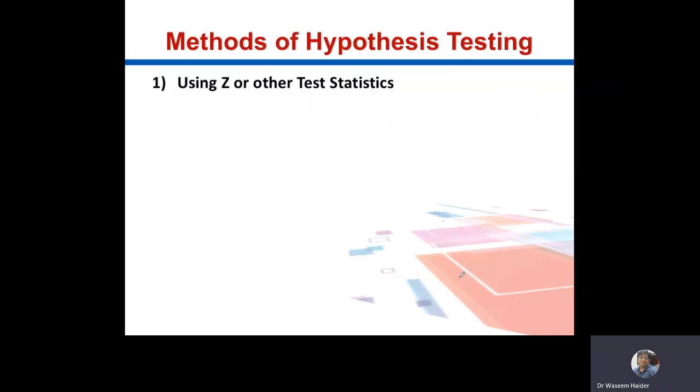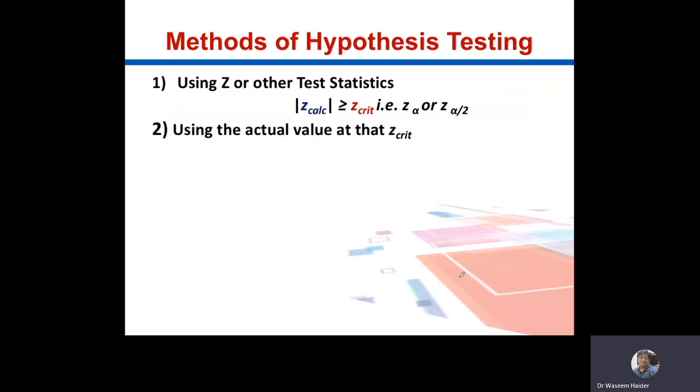Various methods which we use for this hypothesis testing, we can go with the Z or other test statistics. If we are doing T, obviously we will use T's. In that case, Z calculated should be greater than or equal to Z critical, or Z at that particular alpha level, or at that particular alpha by 2 in case of a two-tailed test.